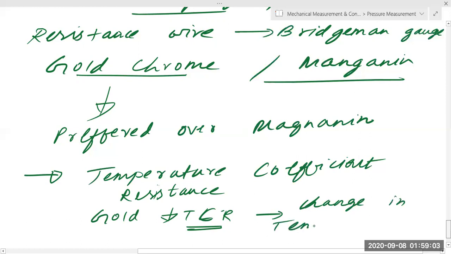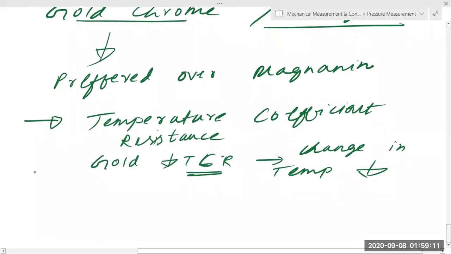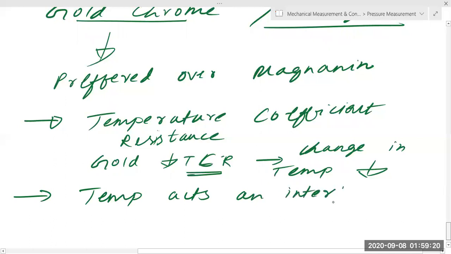And if you remember, temperature can act as an interfering input, which can change the pressure reading that you want to measure, because it will change the resistance, which will in turn change the EMF, and which will in turn change the calibrated pressure value.